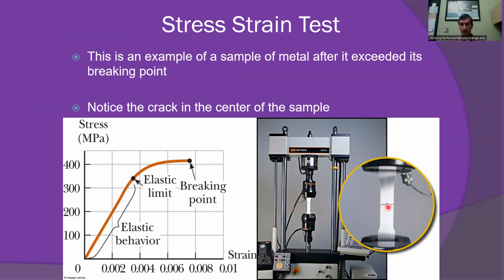And you can see how it failed, had a fracture across here. And obviously at that point, the load cell, which measures how much force is here, is going to drop to zero because there's no opposing force from the material anymore.